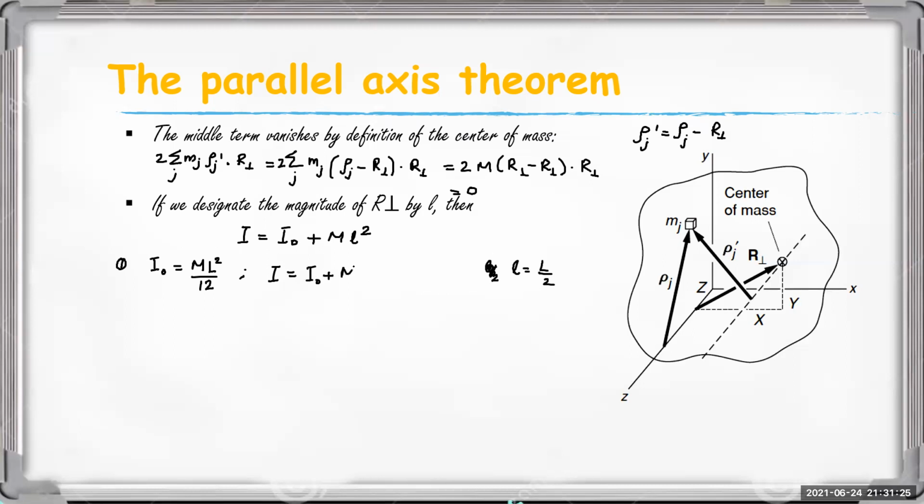plus m into (L by 2) whole square. Then that is equal to what? What is I0? I0 is equal to m l square divided by 12 plus m l square divided by 4.